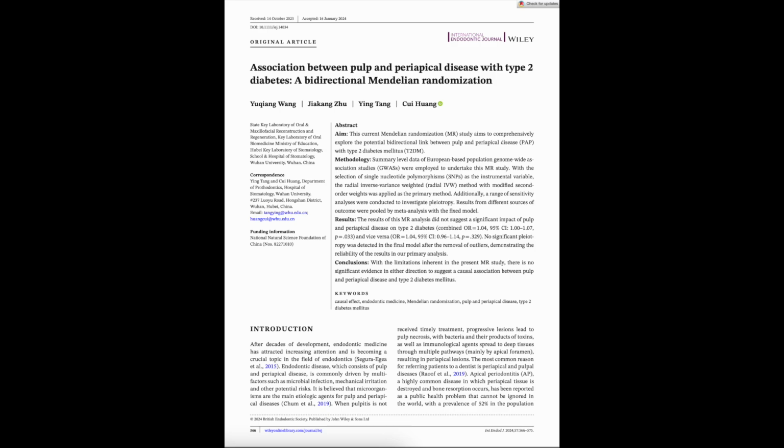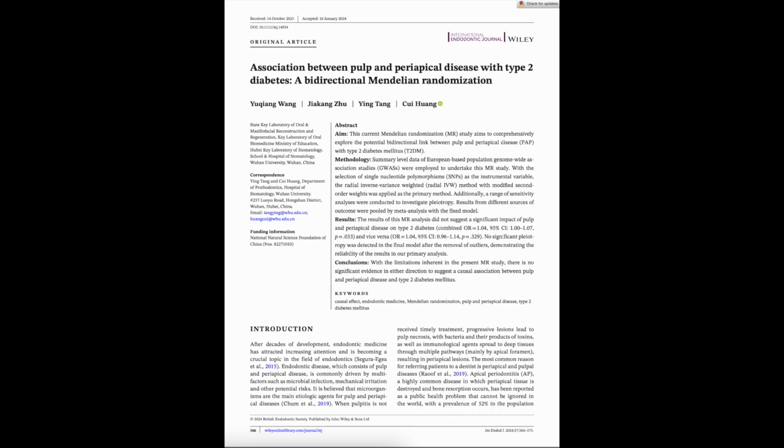The brilliance of it is that it uses genome-wide association data from over 500,000 individuals to perform the Mendelian randomization analysis, not just on diabetes, but also on many other classic apical periodontitis risk factors that are related to the host, including oral hygiene and inflammation, all factors that are associated with apical periodontitis but haven't been proven to cause it.